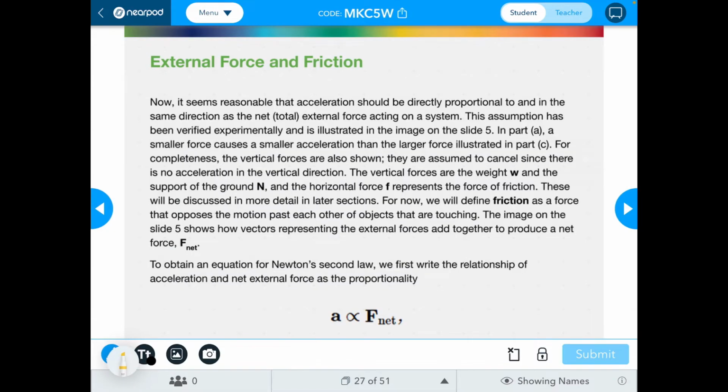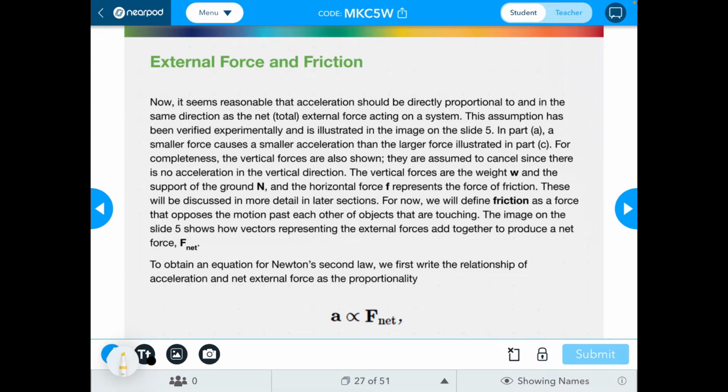So we've already talked about external forces, and again, friction is going to cause some problems later on for us down the line, but this is an important thing here. Now they do use W for weight, not a fan of that, because we will use W later on for work, and then we'll use a lowercase omega, which looks like a W as well, when we get to angular velocity.